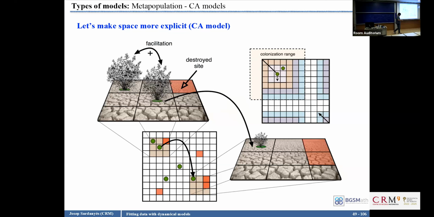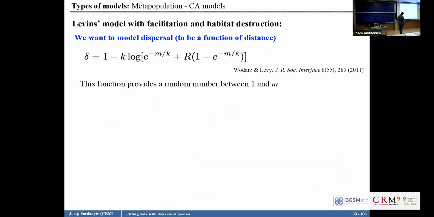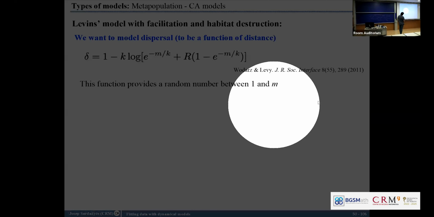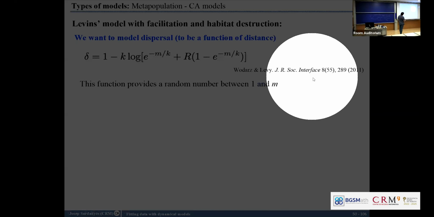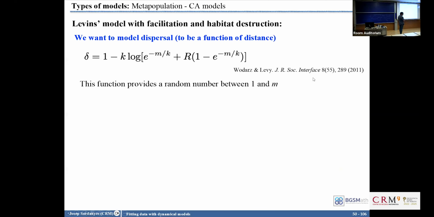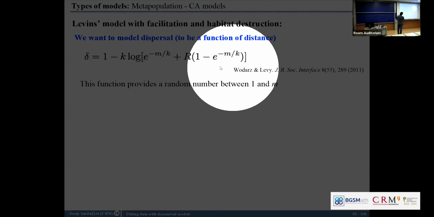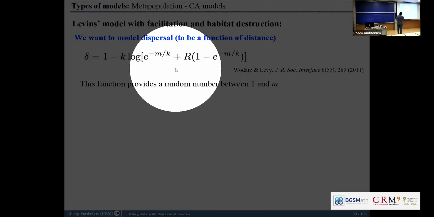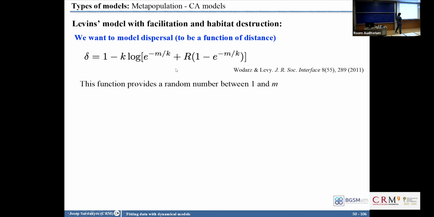So what we did is to use this paper here, in which we have a dispersal function, which is this one. Okay, so this function provides a random number between 1 and m that will be, let's say, how far is the neighbor.